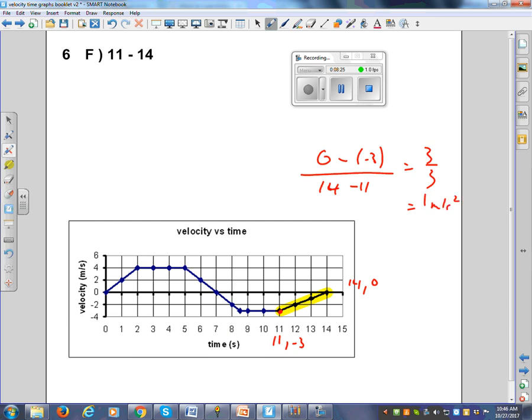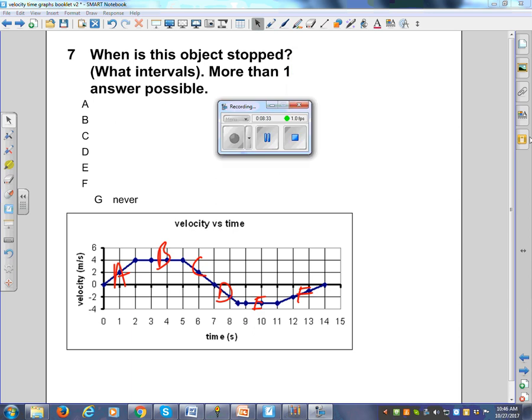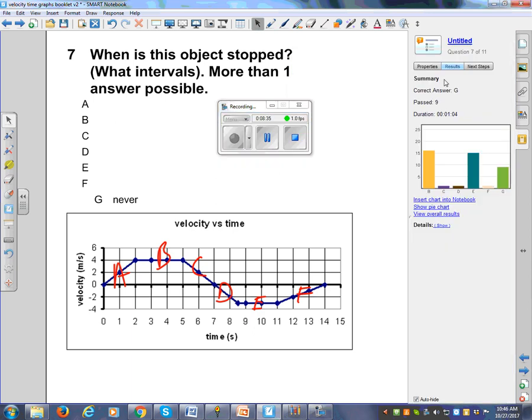Okay, more or less people did okay with the slopes, but the interpretation of it is probably where things went off the rails. When is this object stopped? The correct answer is G, never. Question, Jason? Isn't it like when the y crosses 0, it is? That is true, but you don't have an interval that is a possible answer there, right?